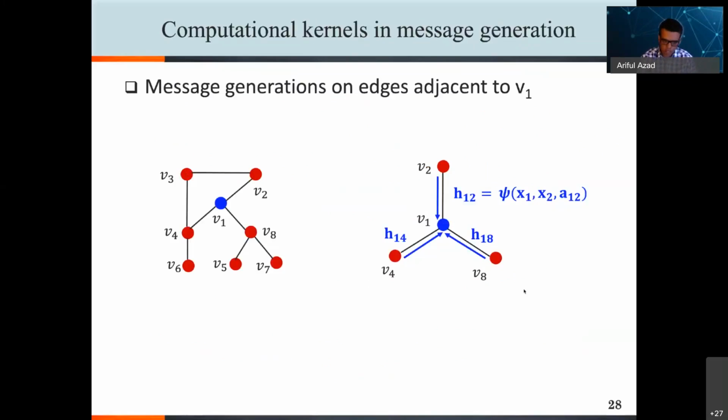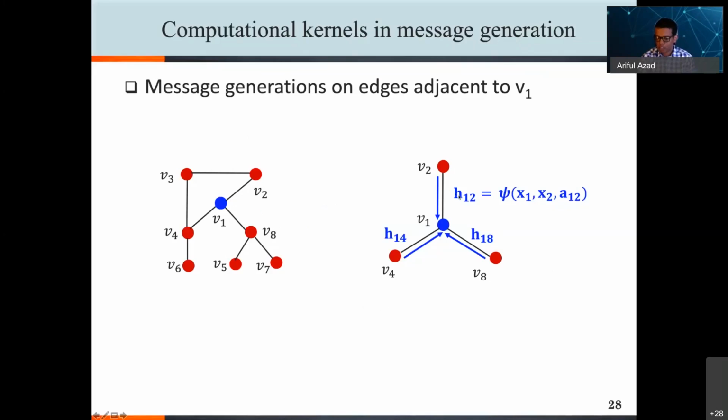So here is, again, on the left side, a graph with 8 vertices. And for now, let us consider this vertex, vertex 1. How can we generate messages and then aggregate messages to get a new embedding of vertex 1? In the previous few slides, I discussed that we have to generate messages.